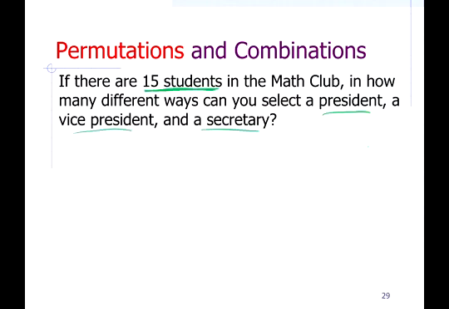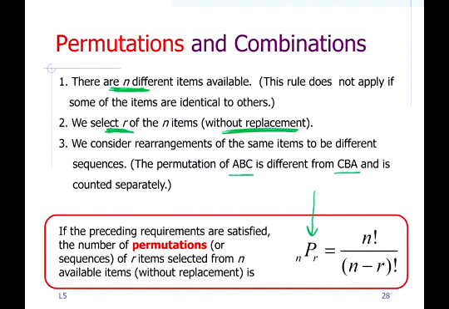So I will go back a couple slides to the definition. Permutations. You're starting with n objects. You're picking r of them. No repeats, and order matters. So no repeats, order matters.